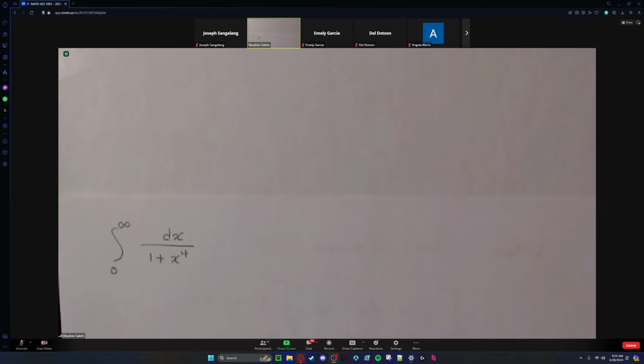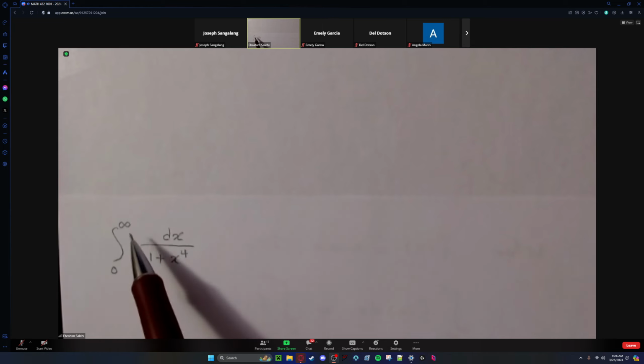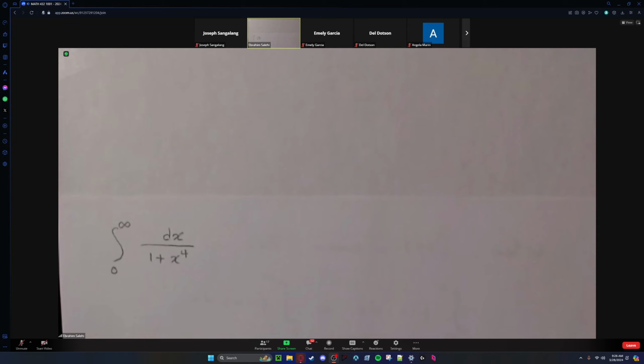Well, when it comes to calculus 2, of course, this is an improper integral. For an improper integral, we have several tests to say if it converges or not.